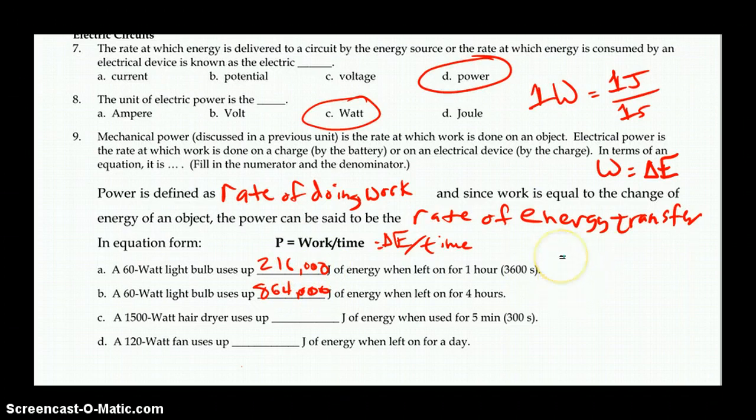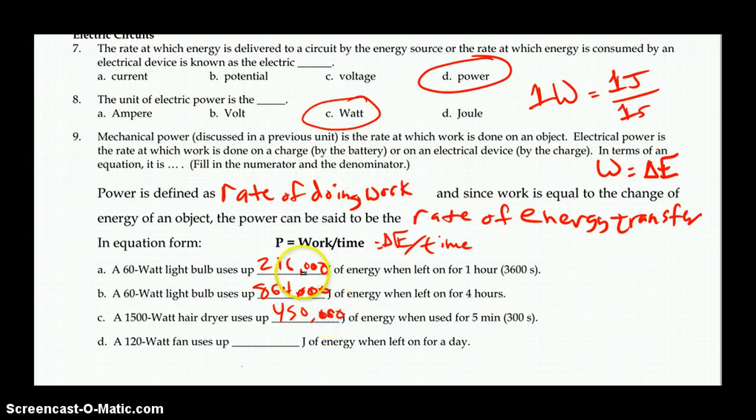Now, an object that has much more power and uses the energy more quickly is an electric hairdryer. A 1500-watt hairdryer would use 1500 joules of energy every second. So if we leave it turned on for 300 seconds, we are at 450,000 joules.